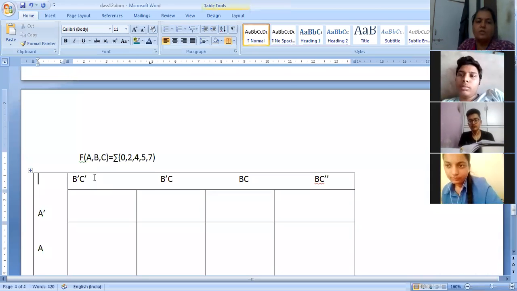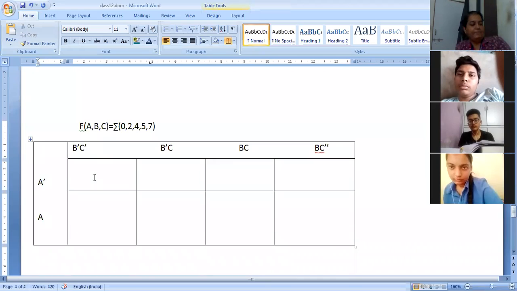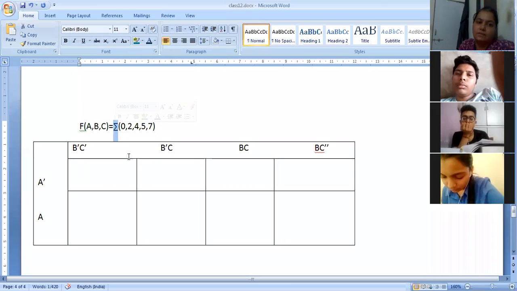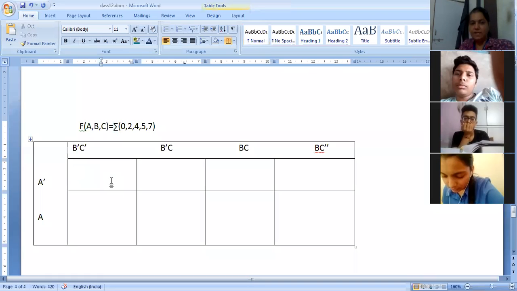Okay, now I want to solve this question. Where will I put 1? Do you understand why I am putting 1 only? I'm not putting a 0 because of this summation sign. If it is the pi sign, then it will become 0 wherever this number is. So where will I put 1?